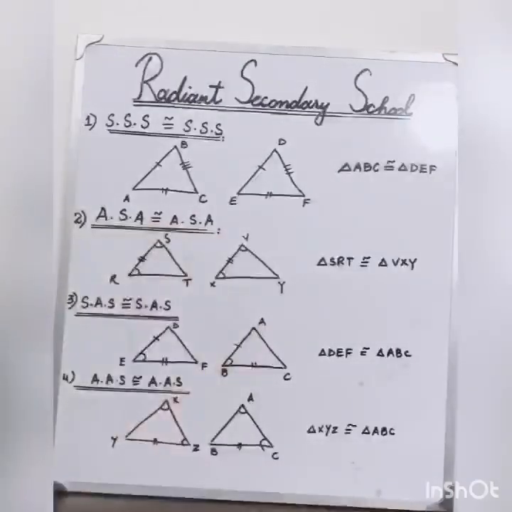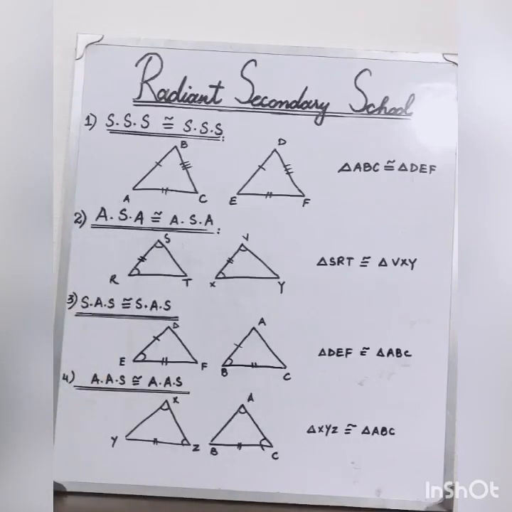The next postulate is ASA postulate. According to this postulate, in any correspondence of two triangles, if two angles and one side of one triangle are congruent to two angles and one side of another triangle, then the two triangles are congruent.